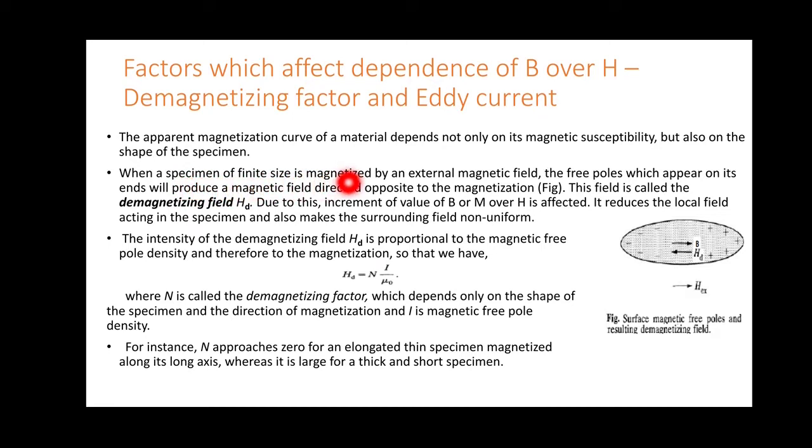When a specimen of finite size is magnetized by an external magnetic field, the free poles which appear on the ends, same as in the electrostatic case, will produce a magnetic field directed opposite to the magnetization. Here is the external magnetic field from here to here. So positive magnetic poles accumulate here, and negative magnetic poles accumulate here on the boundary of the surface.